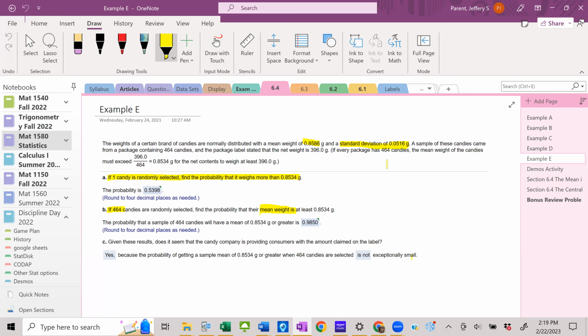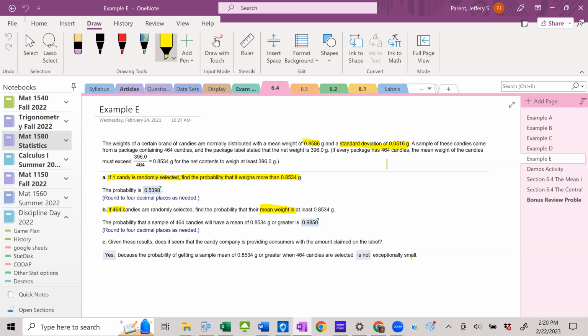A sample of these candies came from a package containing 464 candies. The package labels stated that the net weight is 396 grams. If one candy is selected at random, find the probability that it weighs more than 0.8534 grams. So, okay.